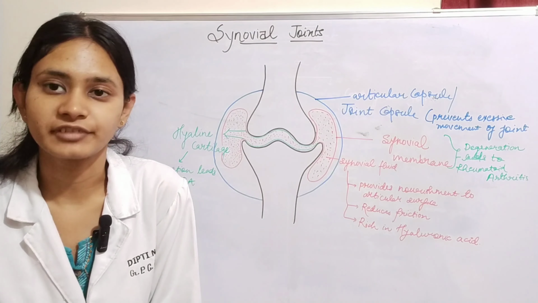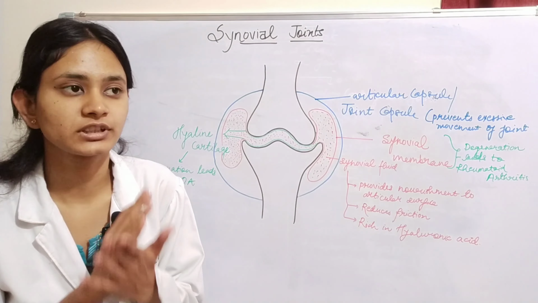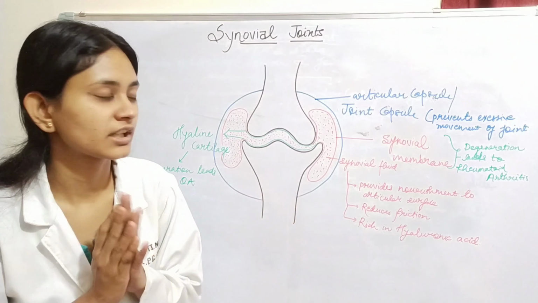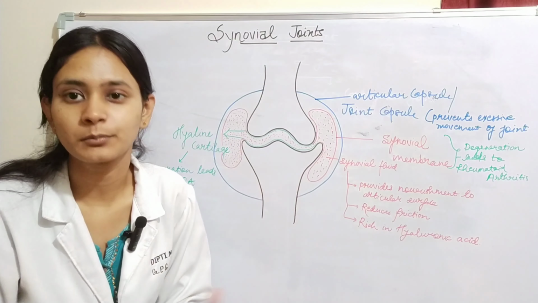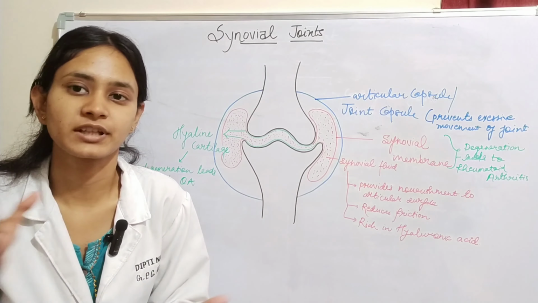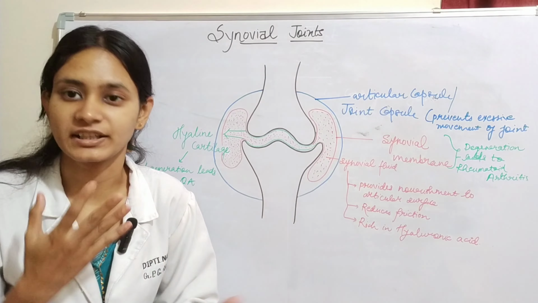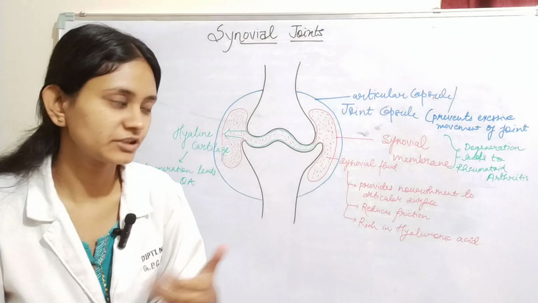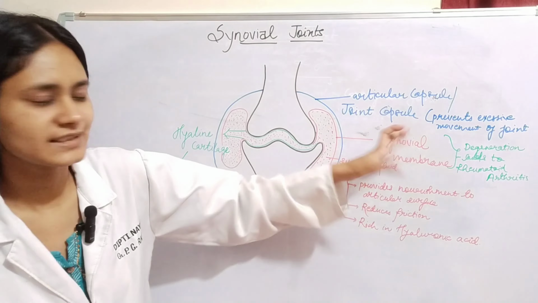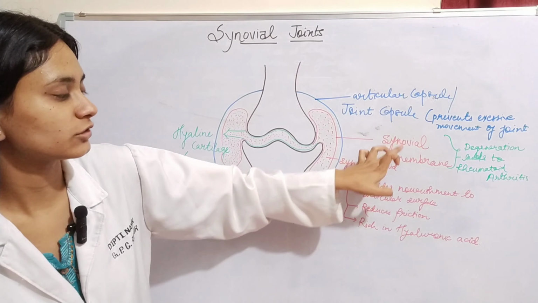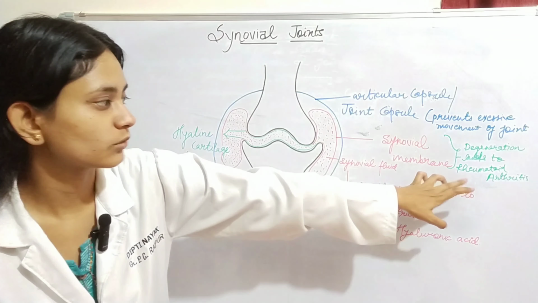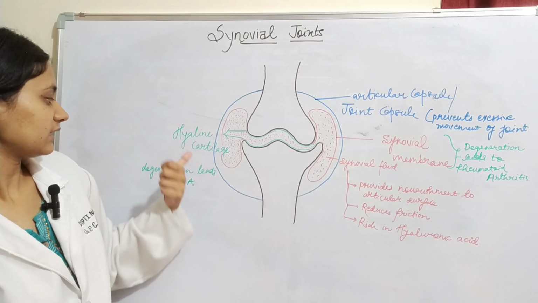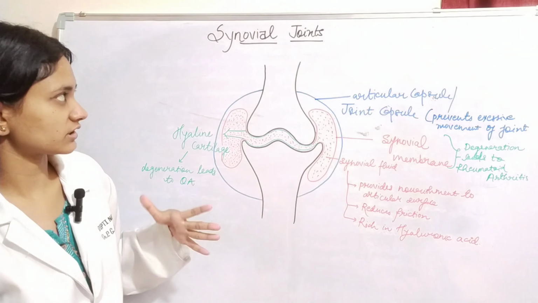These two conditions are very important conditions. You will learn about it in your second year, where you will discuss everything about this disease, what are their causes, pathogenesis, and how it is to be treated. So it is just an additional information. Synovial membrane degeneration leads to rheumatoid arthritis, and hyaline cartilage degeneration leads to osteoarthritis.